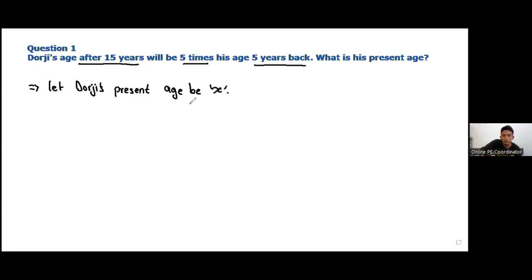Now you have to make an equation. To convert a mathematical question into a mathematical equation is very hard. You have to break the question into parts and then make the equation based on that.